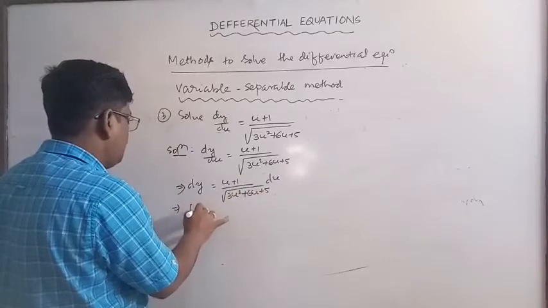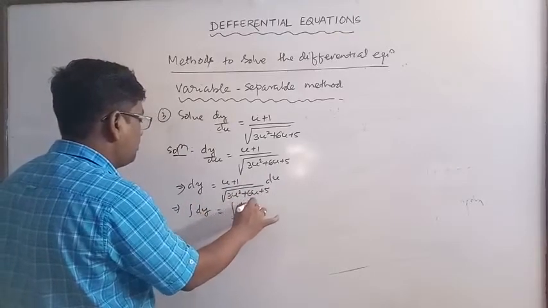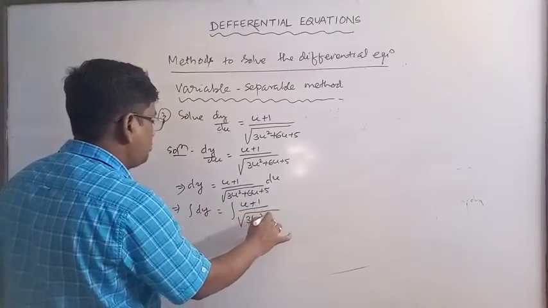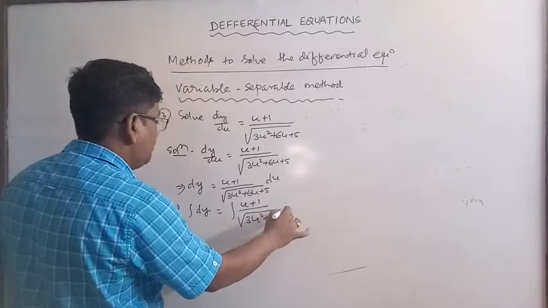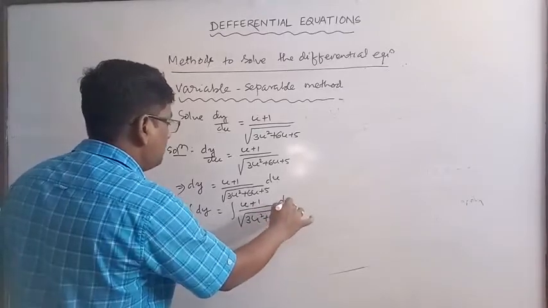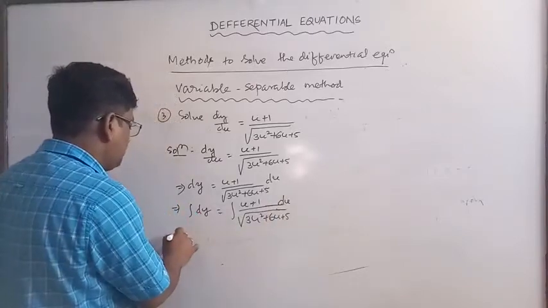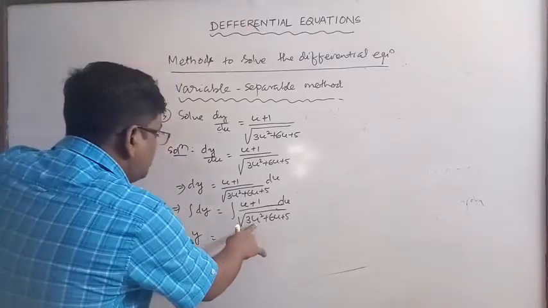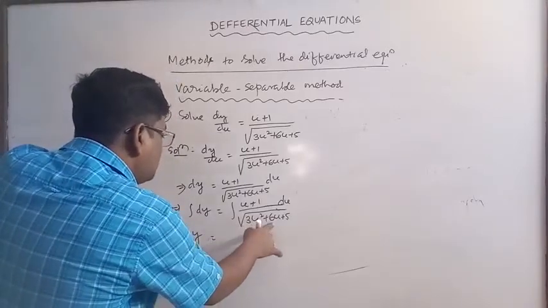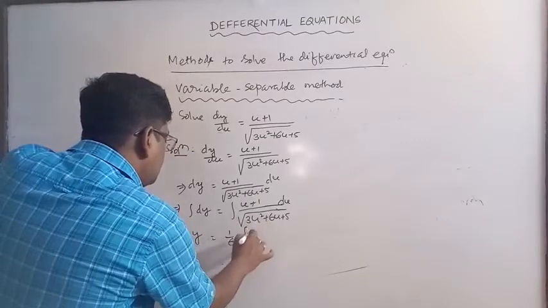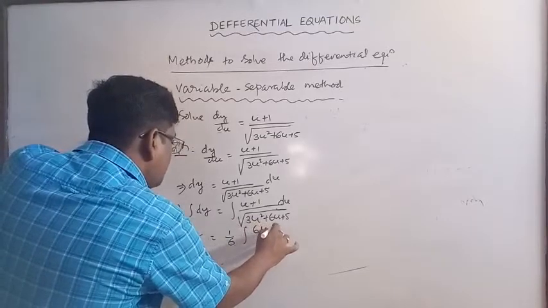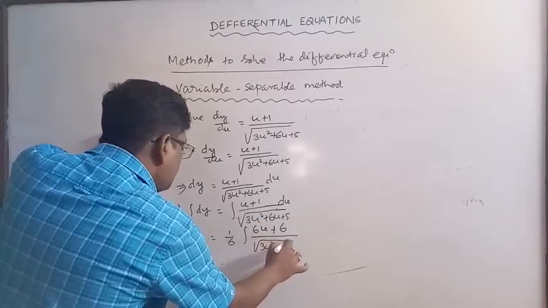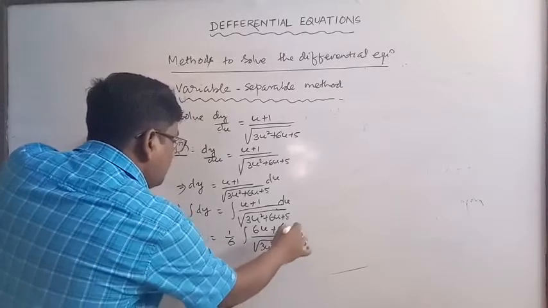Integrating both sides, y is equal to the integration of (u plus 1) divided by the square root of 3u square plus 6u plus 5 du. Now what is the derivative of this? It is 6u plus 6, so 1 by 6 into (6u plus 6) divided by square root of 3u square plus 6u plus 5, du.